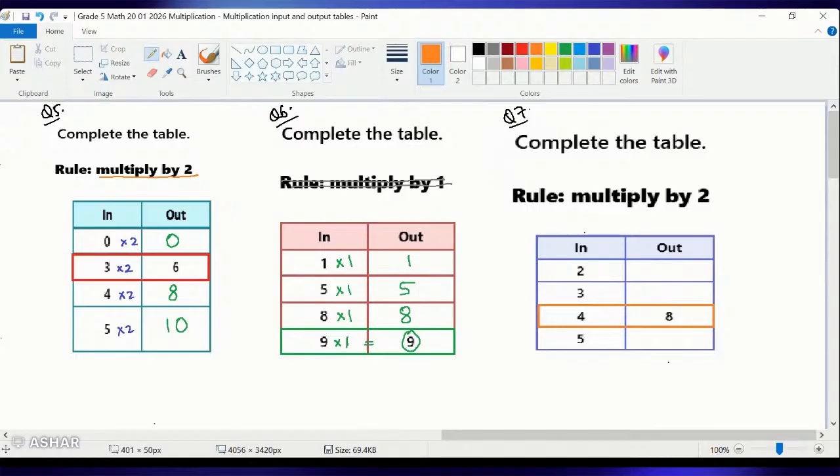How do we change 4 into 8? We multiply by 2, and that is already the rule given to us. We multiply the input by 2 to make it 8. That means each of these numbers would be multiplied by 2. 2 multiplied by 2 would be 4. 3 multiplied by 2 is 6. And 5 multiplied by 2 is 10. And that's how we complete the table.